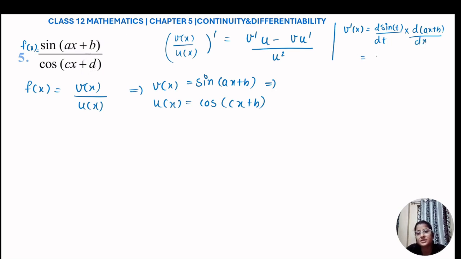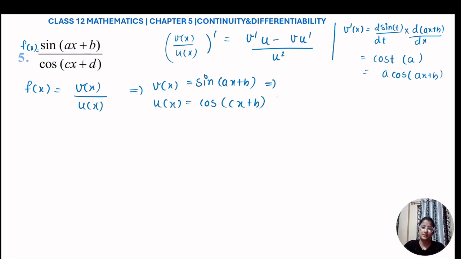The differentiation of sine t is cos t, and the differentiation of the inner part is a. So this will be a cos, and putting the value of t, a cos(ax plus b). So this is its differentiation.